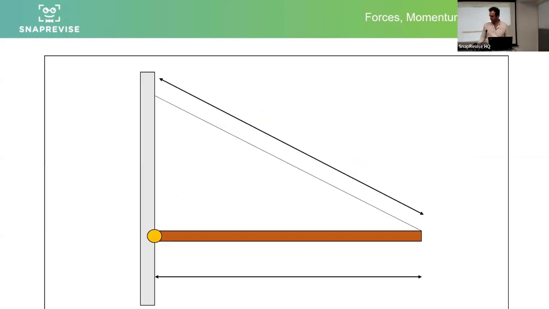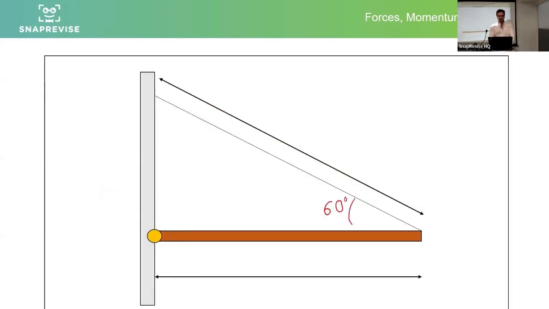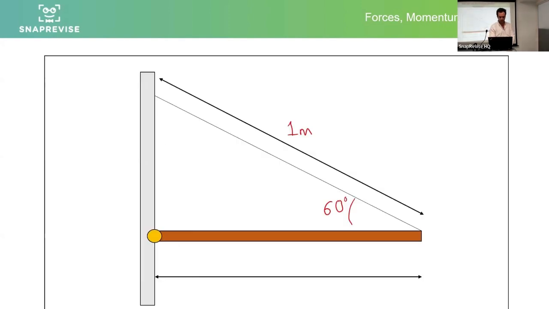Good diagram always helps. We are told this angle is 60. I know it doesn't look like it, but that's what the question says: makes an angle of 60 to the horizontal. We are told the length of this rope is 1 meter. What else are we told? The mass.